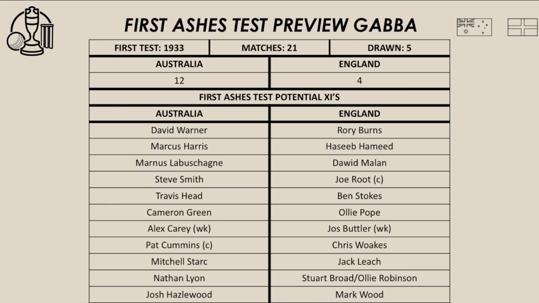England are taking a conservative approach with him. And obviously it was expected that James Anderson wasn't going to play all 5 test matches. So that's been the case here. He's not been named in the 11 for the first Ashes test. He'll most likely play in Adelaide with the day-night test, trying to get right for that. So that could be England's potential 11 for the first Ashes test at the Gabba.